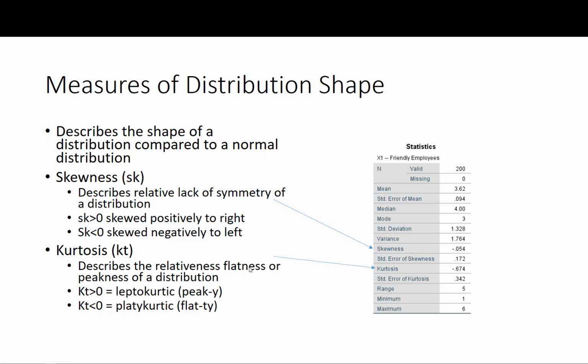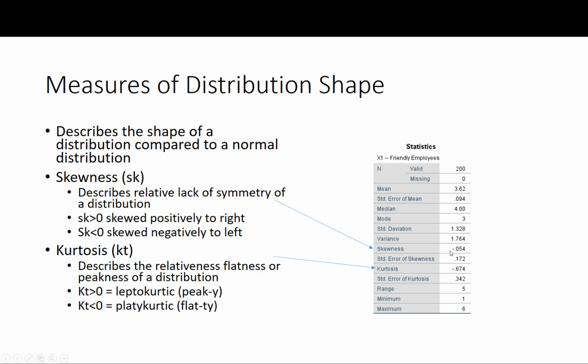Measures of distribution shape. So this is peakiness versus whether it's skewed one way or the other. Skewness basically is whether our shape is towards the mean, or the peak is towards what a normal mean would be, or whether it's shifted towards the left or right of the mean.